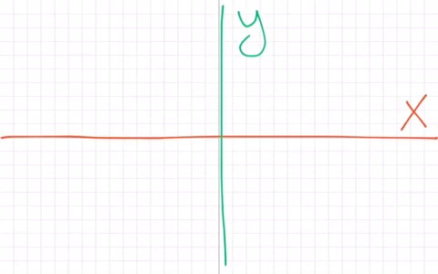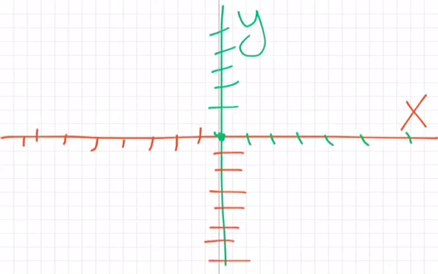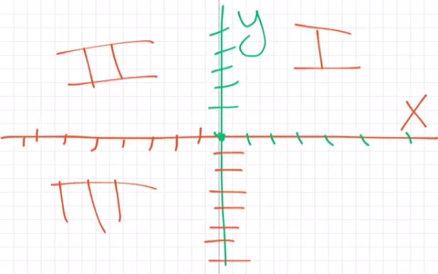Our origin here is 0, 0. These are positive numbers over here. These would be negative numbers over here. Positive up top, negative on the bottom. This is our quadrant 1, quadrant 2, quadrant 3, and quadrant 4.